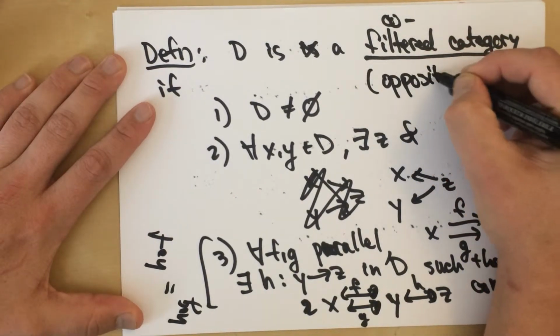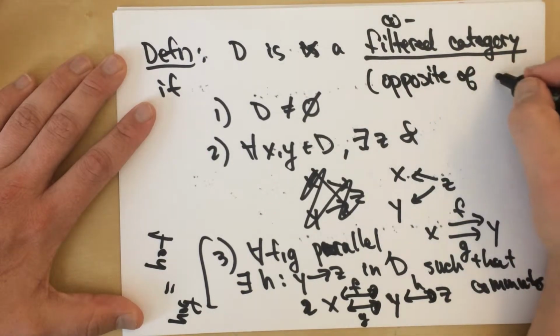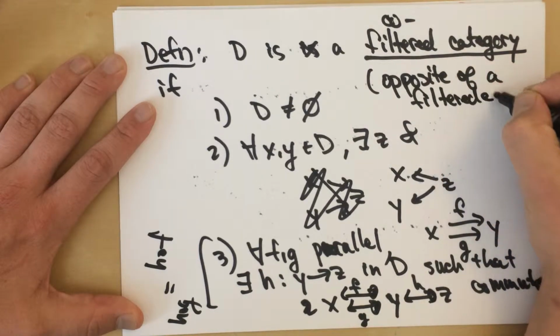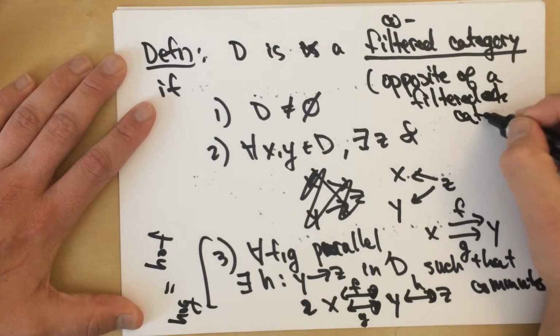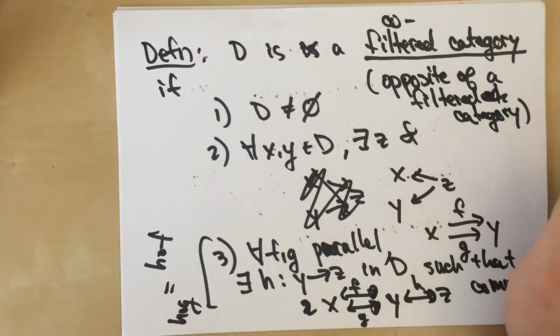Literally, it's the opposite category of a filtered category. So filtered categories are the things where you do inductive limits, and co-filtered categories are where you do projective limits.